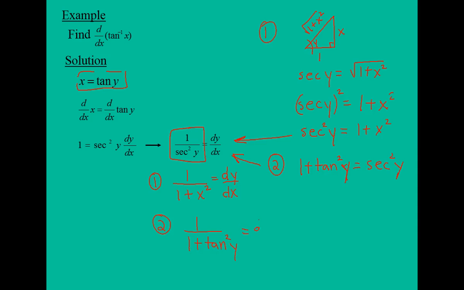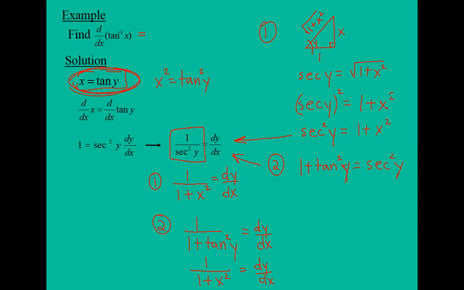That would be our dy dx, but we want it all as a function of x. And then if we go back up here and look at this relationship, we could say if we squared both sides, we could find tangent squared y equals x squared, and then make that replacement here to get 1 plus x squared. And you see we get the same result. So there's the derivative of the tangent inverse of x.